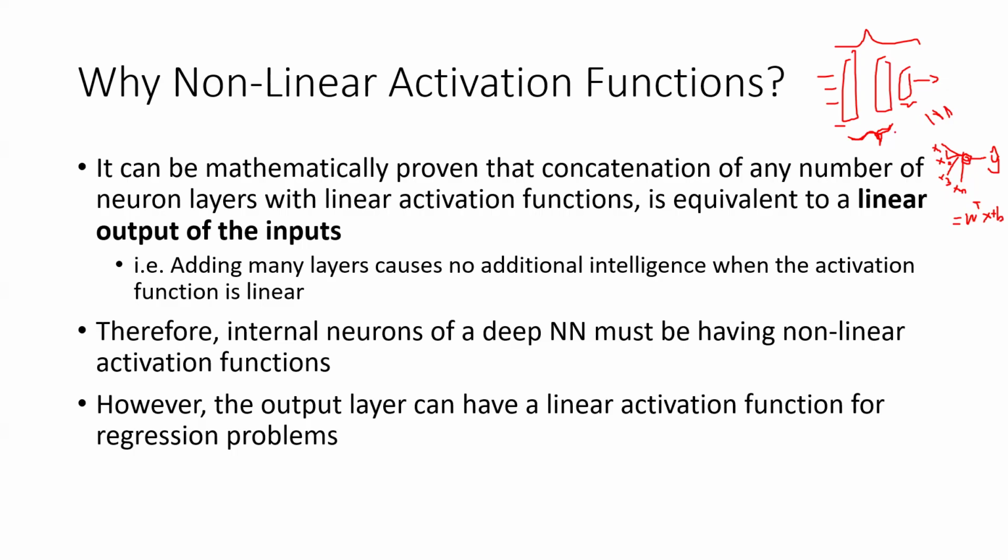When you are using it for linear regression or any other form of regression, you can use a linear output for the final layer, but for the hidden layers and the input layers, you have to use nonlinear activation functions.